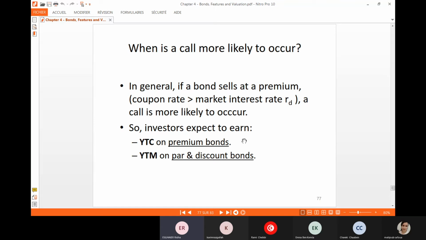So in this case, investors are expected to receive yield to call on premium bonds, while yield to maturity on par or discount bonds. Discount bonds, from the beginning, their interest rate is less than the market interest rate. Even when the market interest rate falls a little, it always stays not lower than the coupon rate of the bond. So these bonds are not called in general.